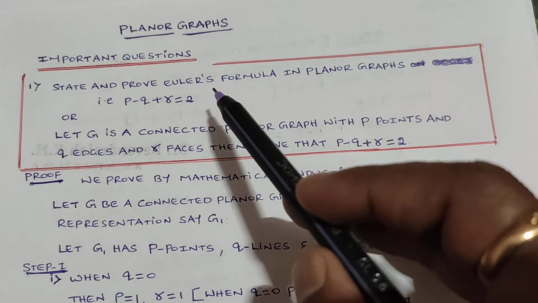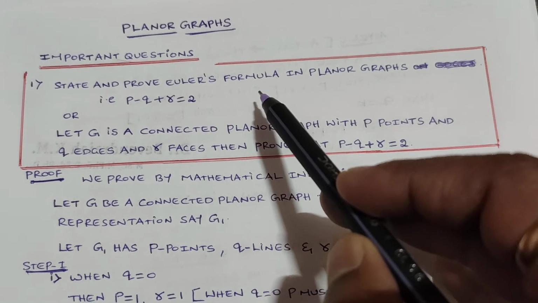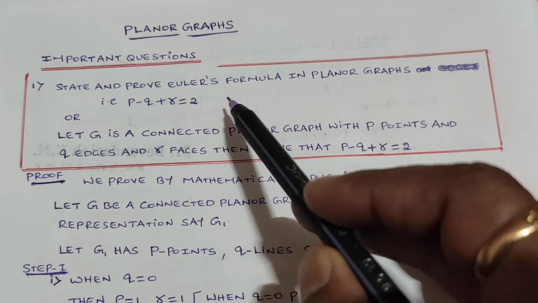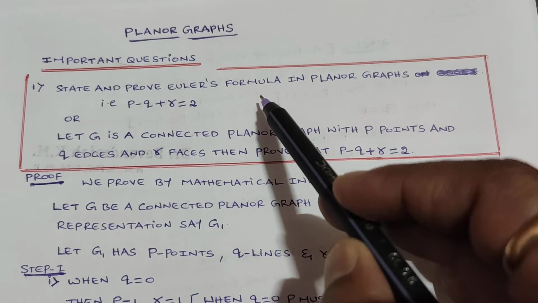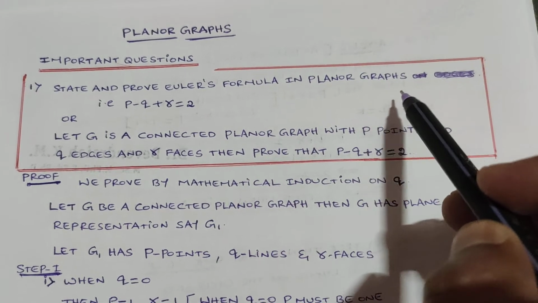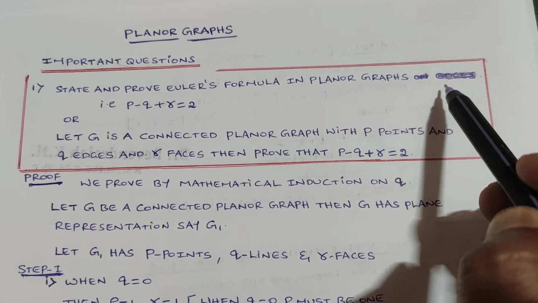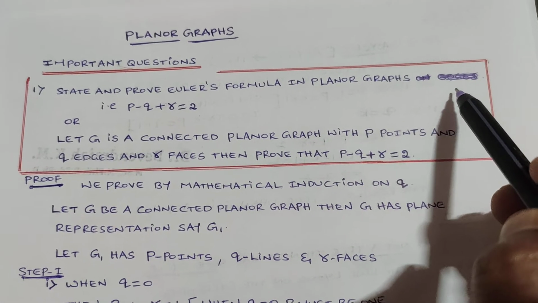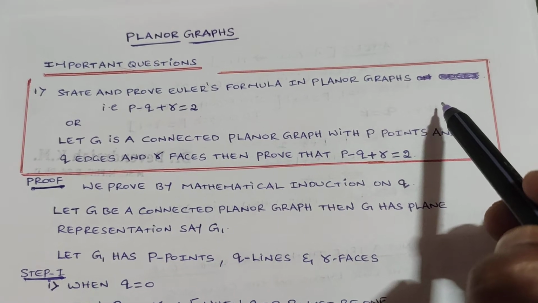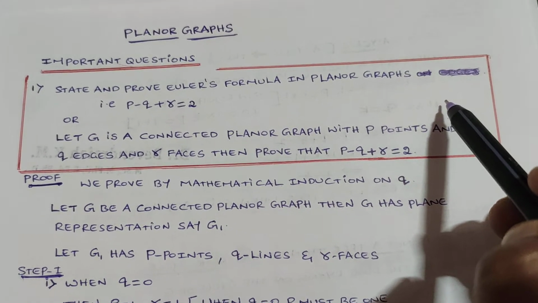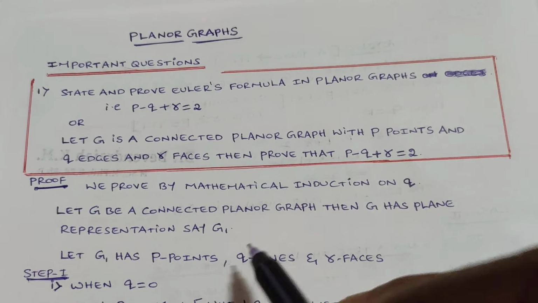Students, remember that in proving Euler's formula, many authors will prove it by considering the proof on vertices or on edges and some other cases.